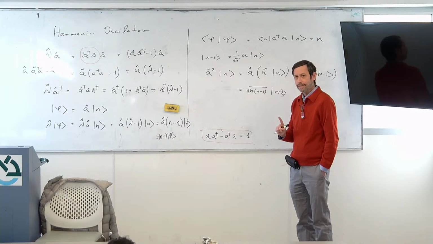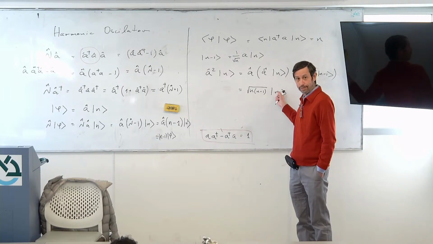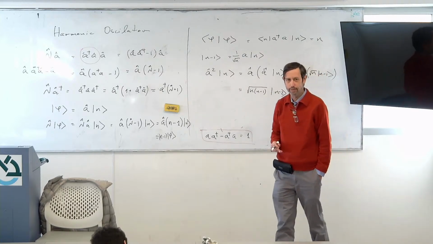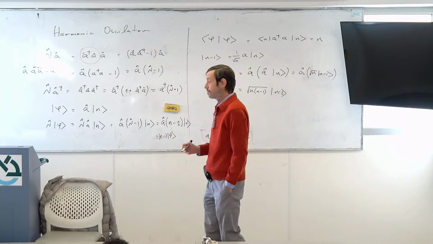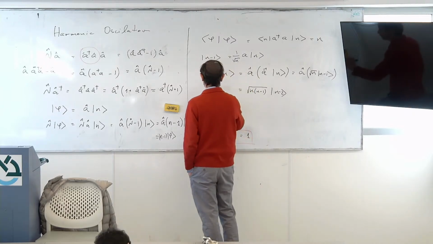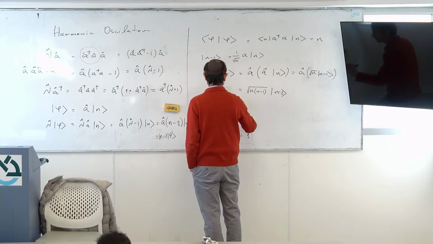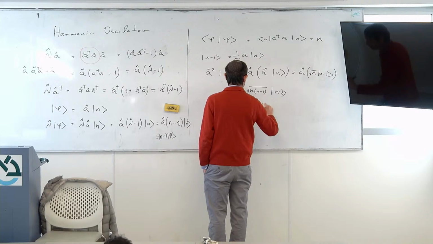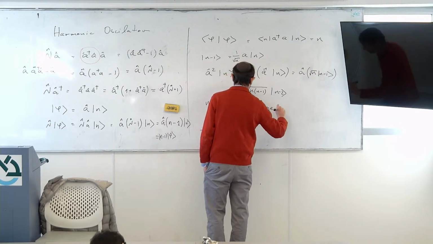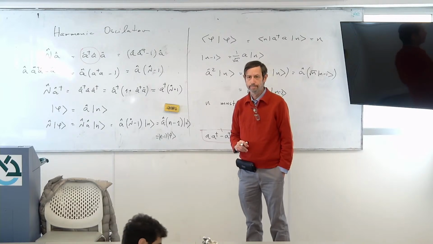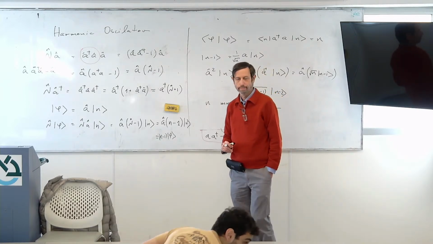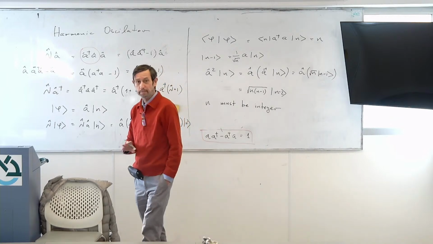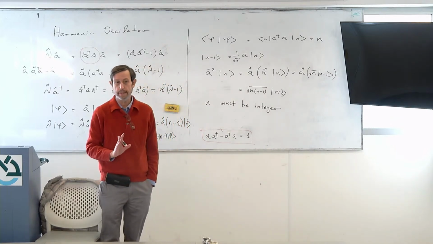If n is an integer, once I get to 0, I'll get 0 built in, and I can't go any further down. It seems almost a trivial statement, but that solves the problem.